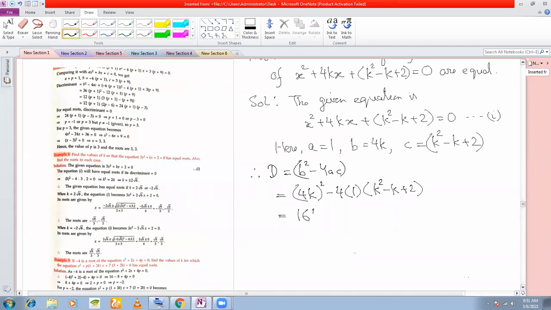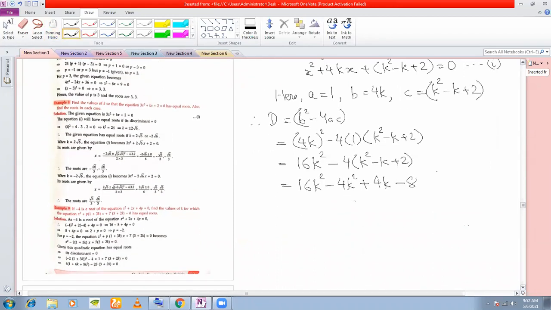This becomes 16k square minus 4 times k square minus k plus 2. So this is 16k square minus, open the brackets, 4k square, multiply each term with 4. So this becomes minus 4k square plus 4k minus 8.